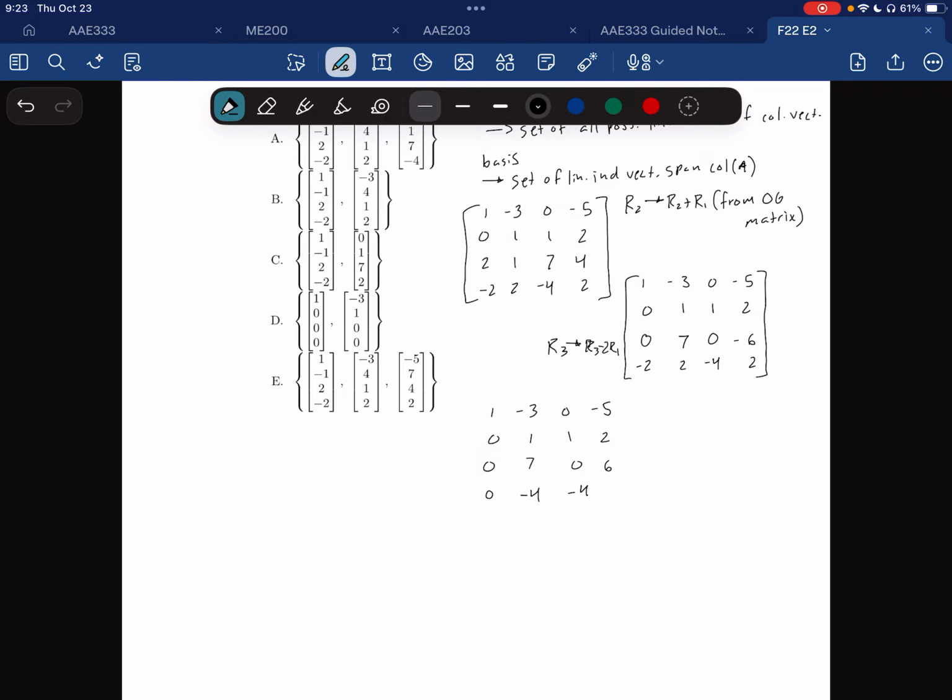This just stays as -4, and then 2 minus 8 is -8. And another extra step I'm going to take here is, no, I'll do that later. So R4 becomes R4 plus 2R1.